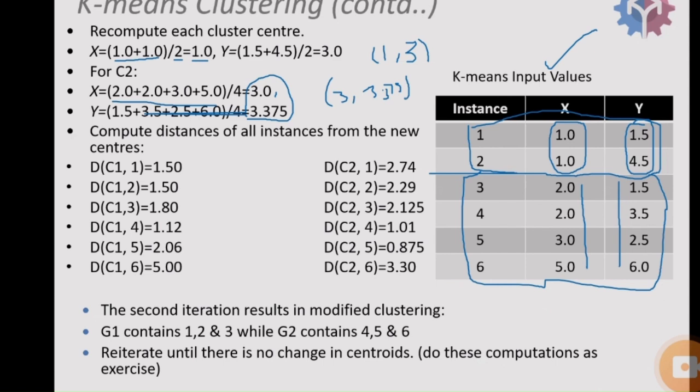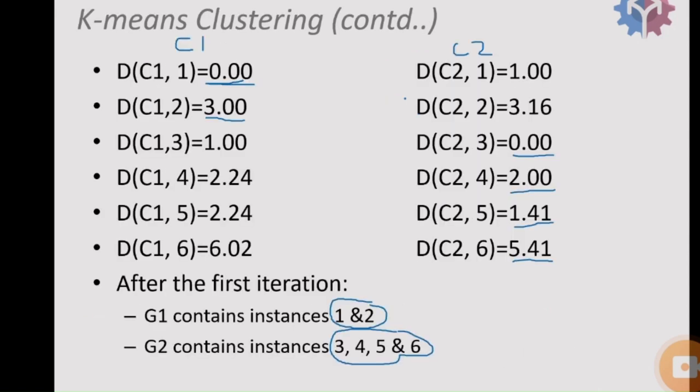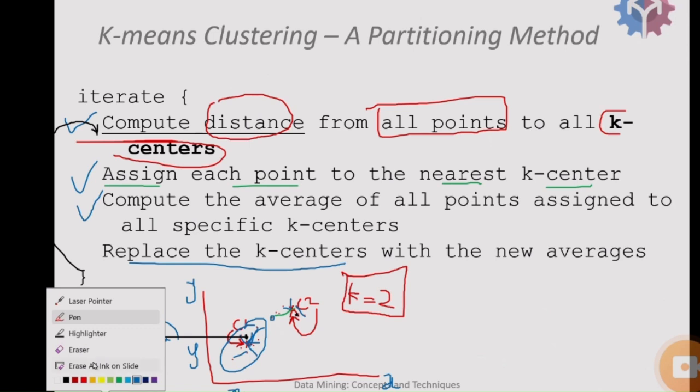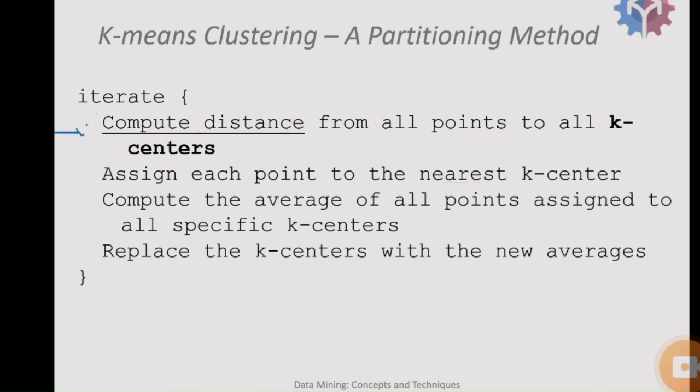Now what do you do with these new cluster centers? You have just completed your first iteration. Let me remove everything from here. So do you now understand how to calculate distances? You just calculated distances.